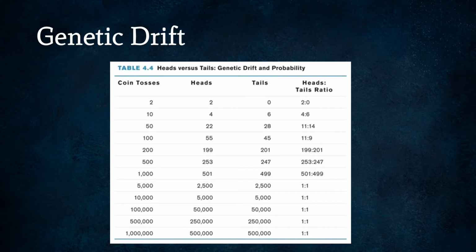We're getting a 2 to 0 chance, or a 4 to 6 chance, or an 11 to 14 chance. But as our sample size increases, once we get beyond 5,000 coin tosses, our odds of achieving the accurate ratio improve.